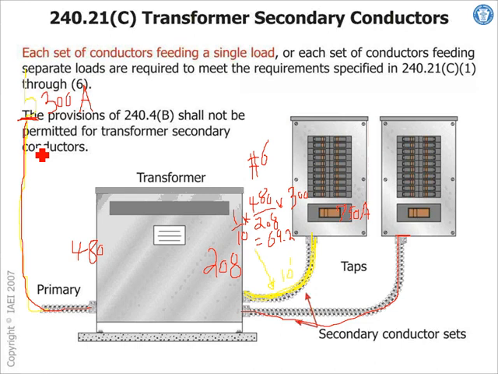From the cable coming in to the cable coming out, all of them cannot be more than 25 feet. There's a tap rule for it: when both tap, supplying a transformer, primary plus secondary, not over 25.